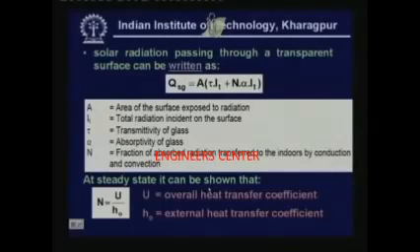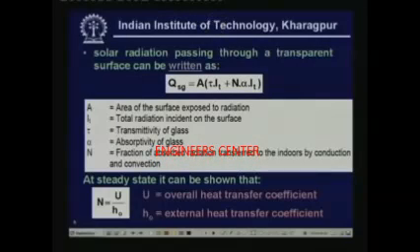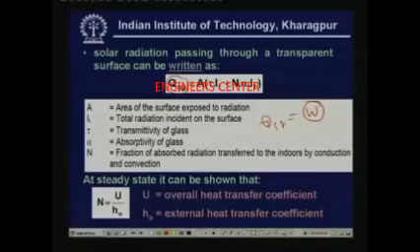Under this assumption, you can write the solar radiation transmitted to the building, Q subscript Sg, equal to A multiplied by within brackets tau into I subscript T plus N multiplied by alpha multiplied by I subscript T. Here, Q_Sg is the radiation transmitted to the building, and the units are watts in SI units, and A is the area of the surface exposed to radiation in meter square.